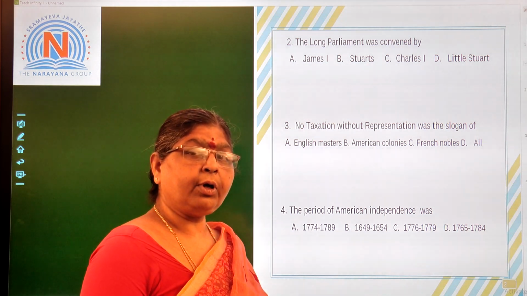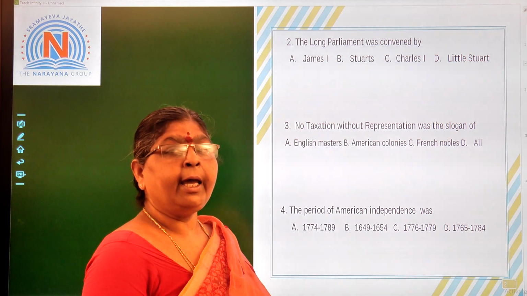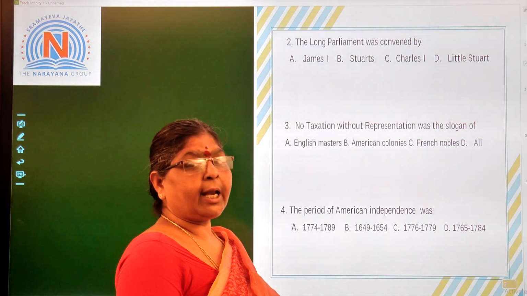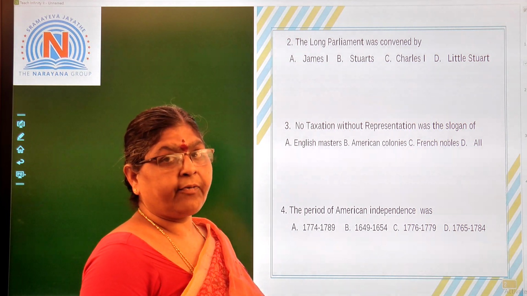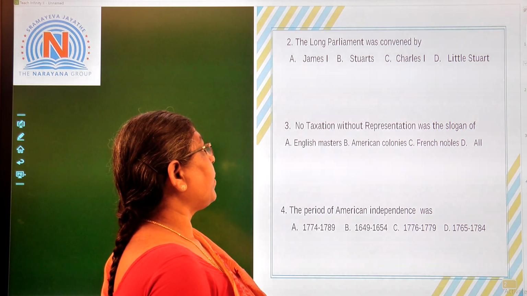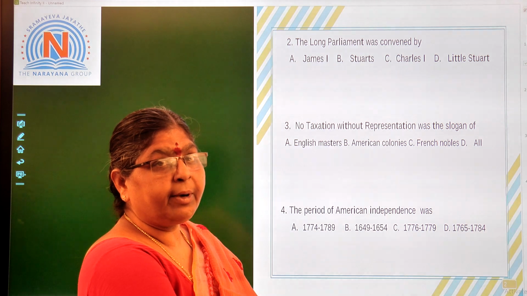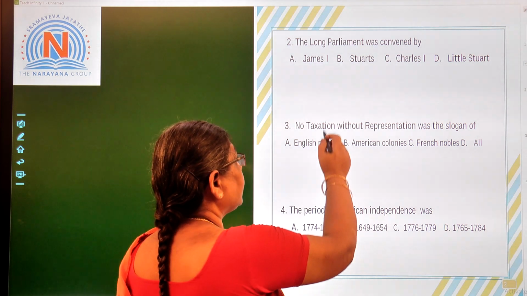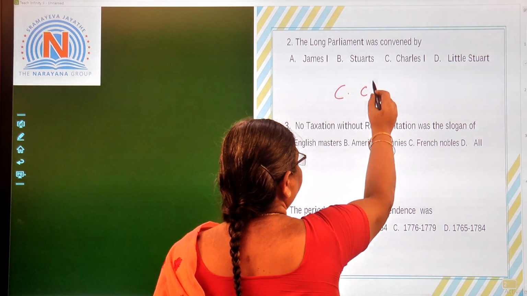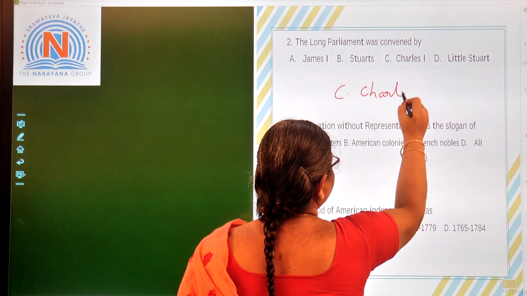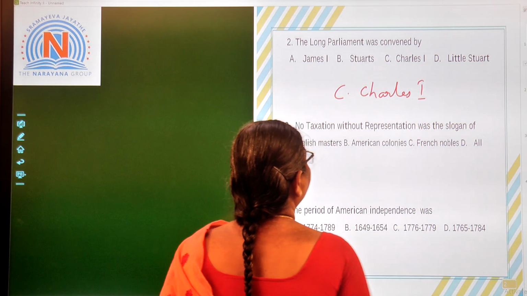But later, when he wanted to impose more and more taxes, he had to take the permission of the parliament. So once again he convened the parliament, and this particular parliament is called the Long Parliament because he convened the parliament for a long time. So Charles I was the option.